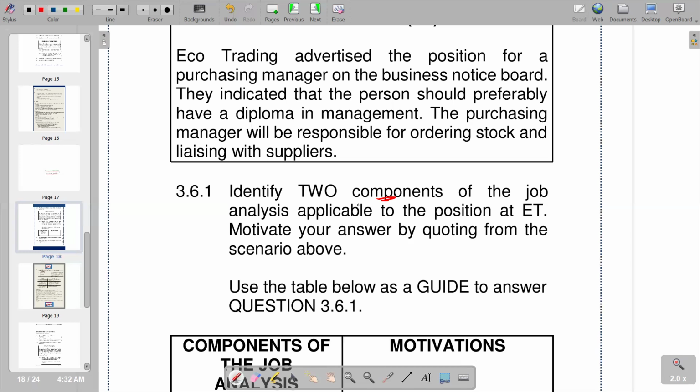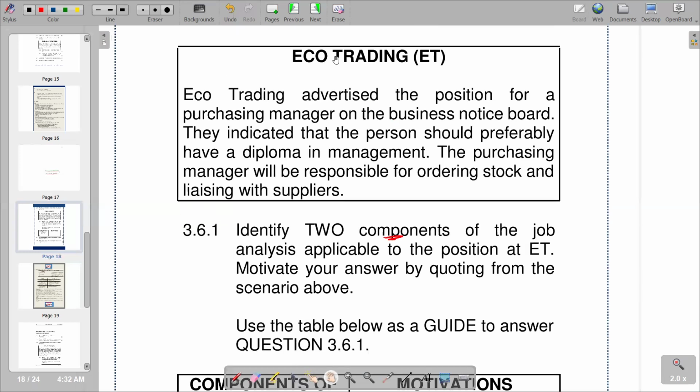The components describe either job duties, or knowledge, describing skills and abilities of the employee or worker that needs to be employed, and then also the experience can determine the component.